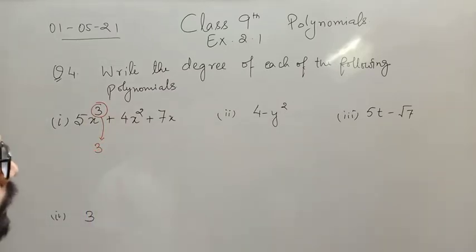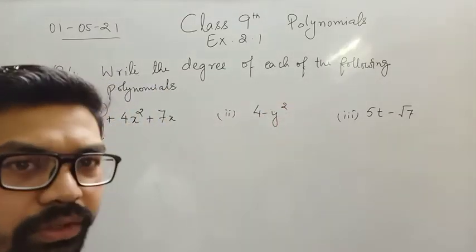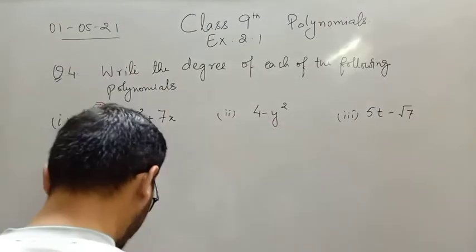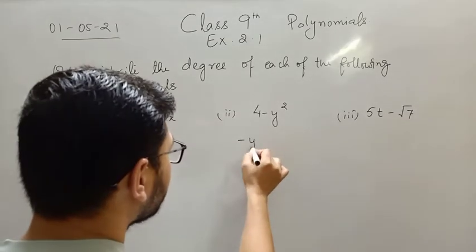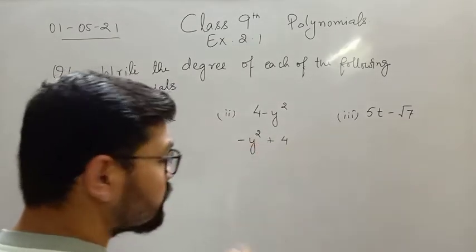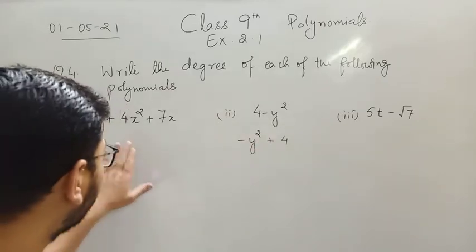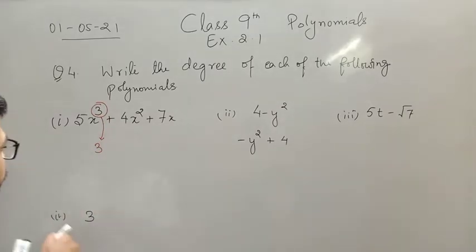Simple. Similarly, 4 minus y square. Now some of the students are confused in this. Can I write 4 minus y square like minus y square plus 4? Can I write it like this? Now this is a quadratic and this was a cubic. This is an additional thing that I am explaining to you.